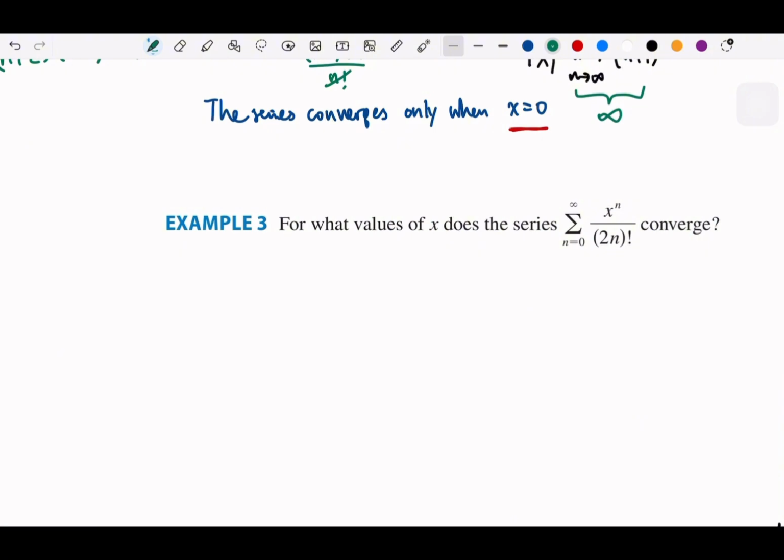Now the last example will give us another ratio test.